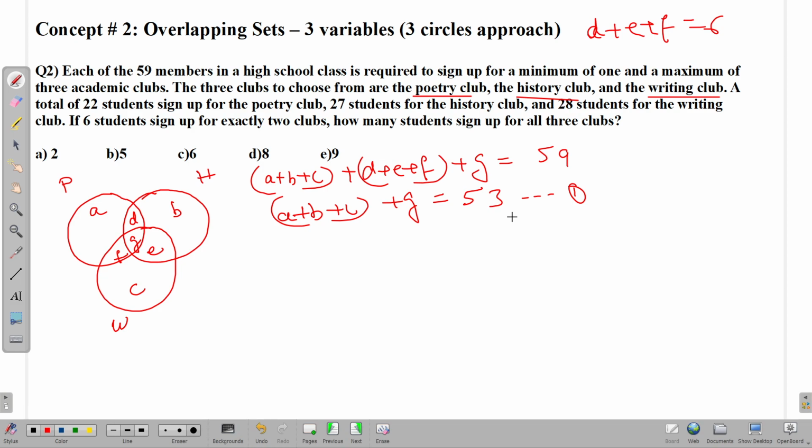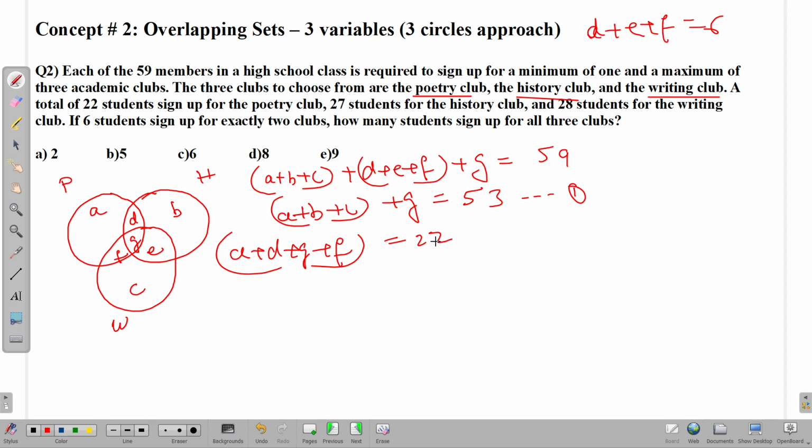My next equation given is in the poetry club, 22. Okay, so A plus D. Let me just write this again. A plus D plus G plus F, right? A, D, G, F. This whole thing is equal to 22.